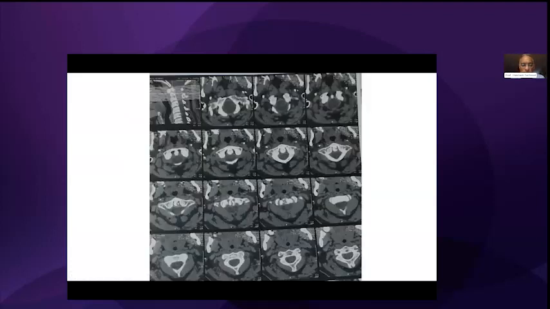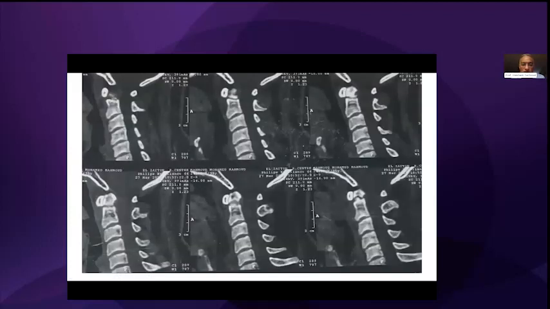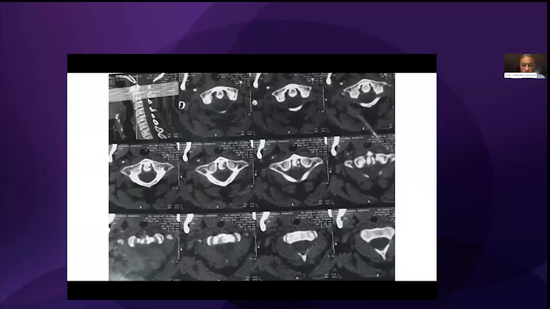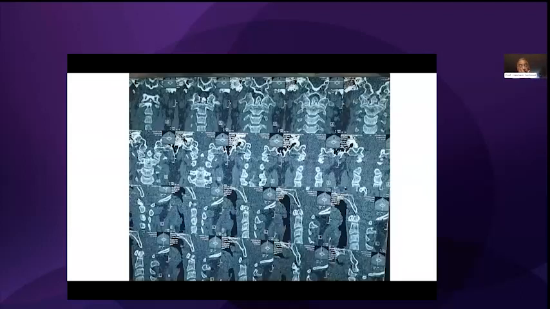Also, there was something like splitting here, which was an oblique fracture in the odontoid base, so it appeared in the axial cuts as well. This is also the more focused CT showing that the fracture is still non-united. And this is the final CT that he did before coming to see me.